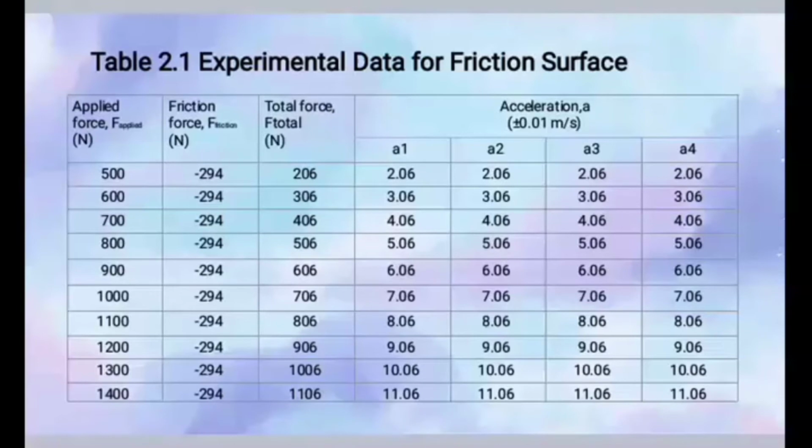And the total force in this experiment will be 206. For acceleration 1, 2.06, acceleration 2, 2.06, and the same goes to acceleration 3 and 4.